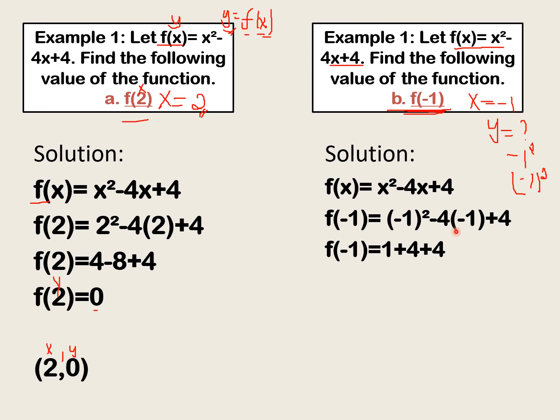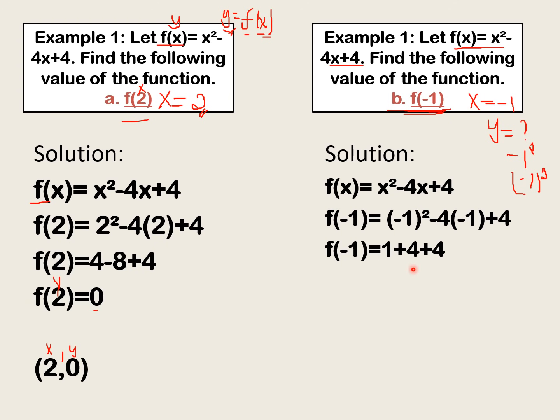Negative 4 times negative 1. Positive 4 plus 4. Okay, good. So, f of negative 1 equals negative 1 squared is positive 1. Negative 4 times negative 1 kasi negative times negative is positive. Okay? 4 times 1 is 4 plus 4.